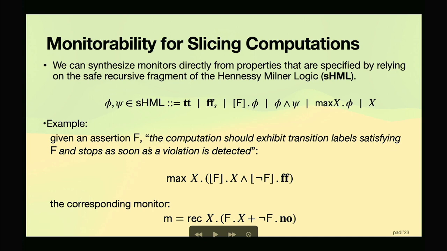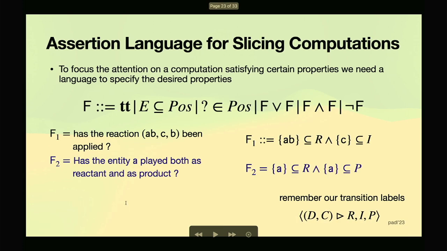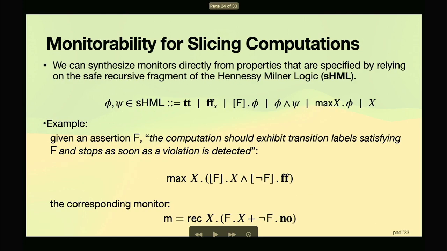Because we have a direct translation in the corresponding monitor. So we use the assertion language to specify a set of assertions. We use the NC-Miller logic to specify how the computation should behave considering those assertions, and then we have a direct translation in the corresponding monitor.